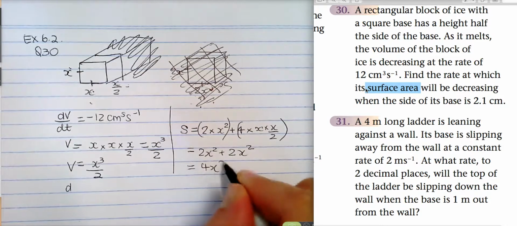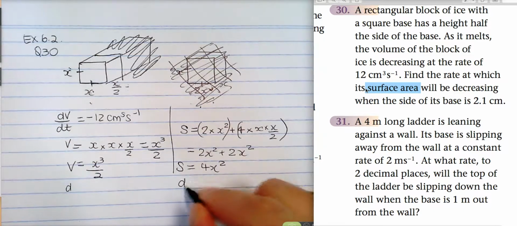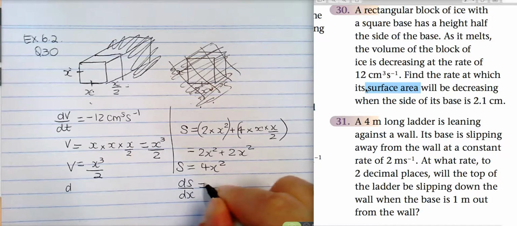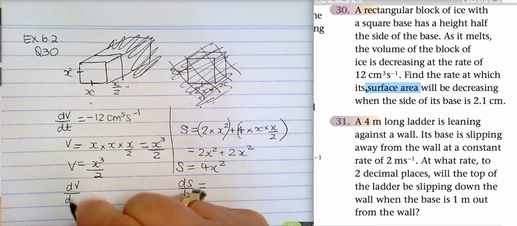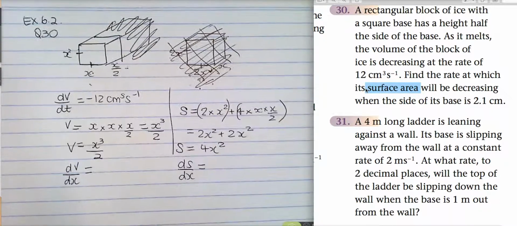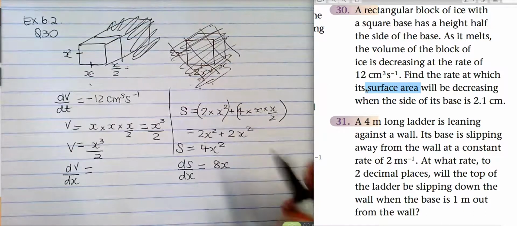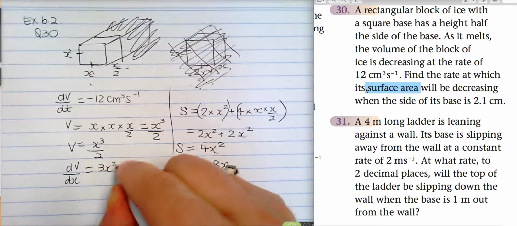Surface area is 4x squared. That's nice and easy. So now what do you do? dS/dx, and you'll do dV/dx as well. So dS/dx is 8x, dV/dx is 3x squared on 2.